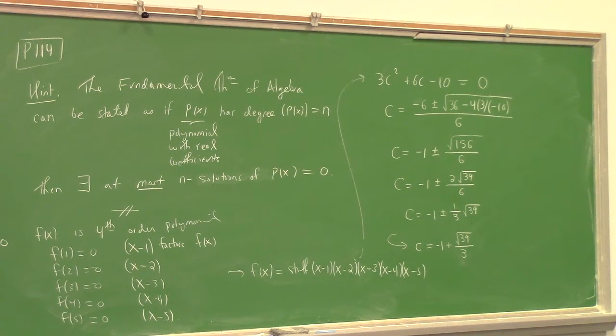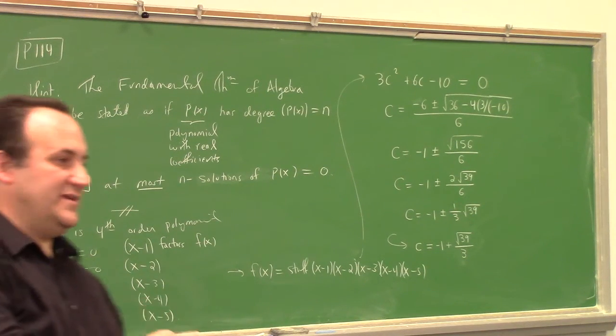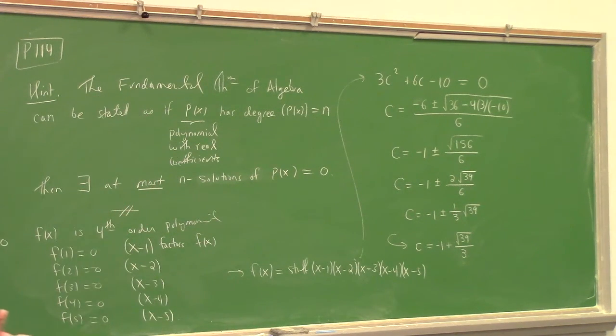So Rolle's theorem is harder for me to do because I have to come up with an example that has f of a equal to f of b.